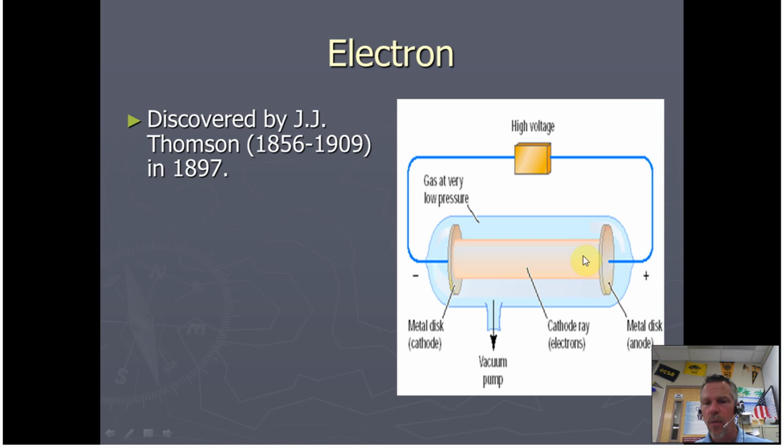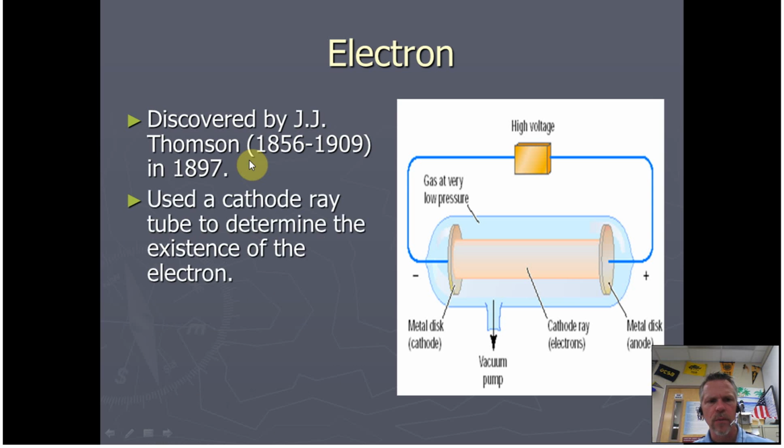What we are representing by this pinkish colored rectangle is a ray of electrons, we now know they're called electrons, that are moving from the negative towards the positive. When you apply a voltage to this system, one of the discs will be a negatively charged plate, and one will become a positively charged plate, and the electrons will move from the negative to the positive.